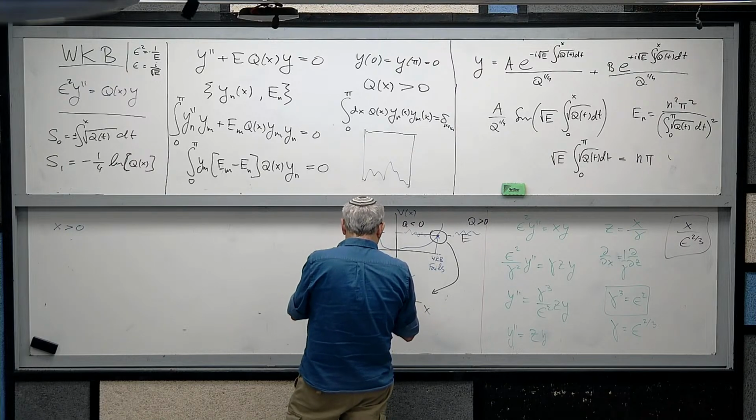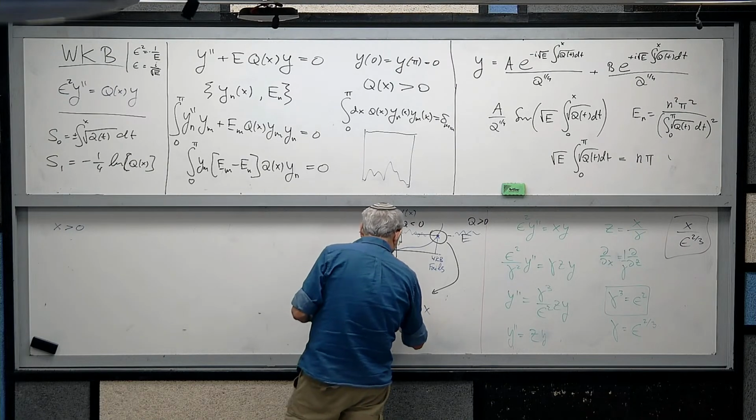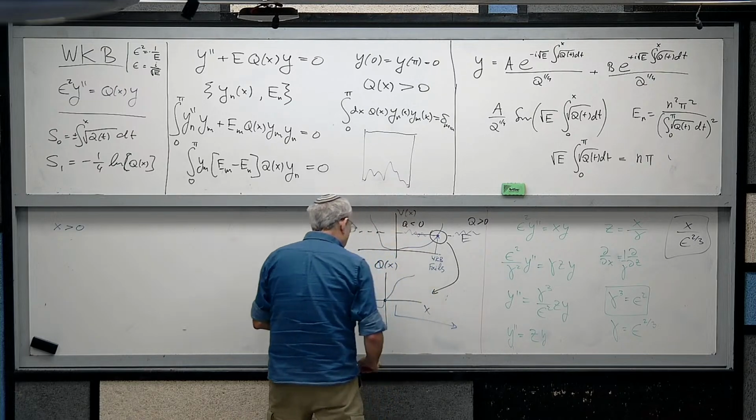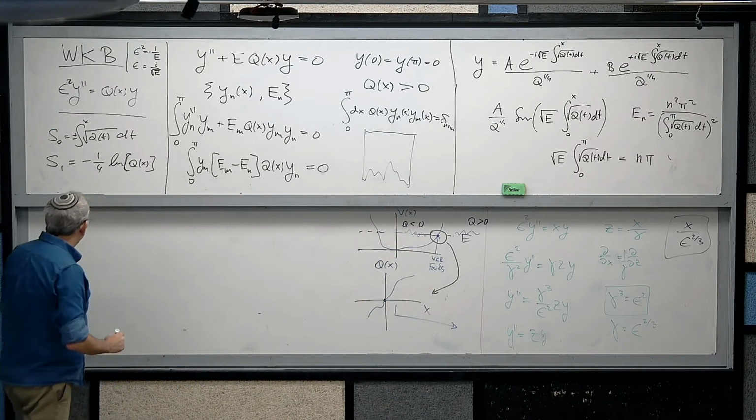Good. So I can say that if x is larger than 0, I will call it the blue regime. In the blue regime, what can I say?